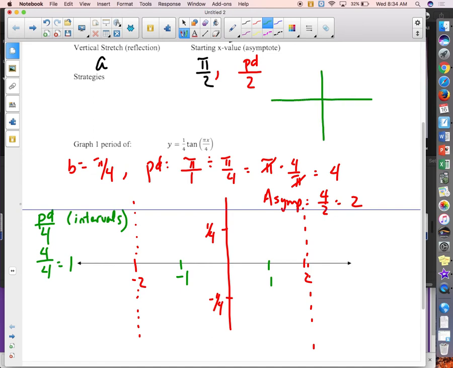Remember on the original tangent graph, at -pi over 4 and at pi over 4, we had a value of 1 and negative 1. Those were for your y values.